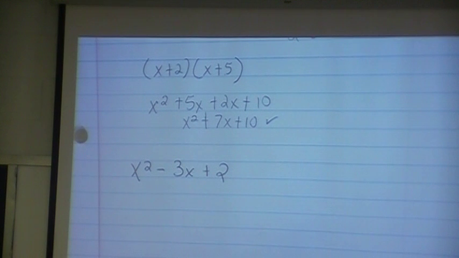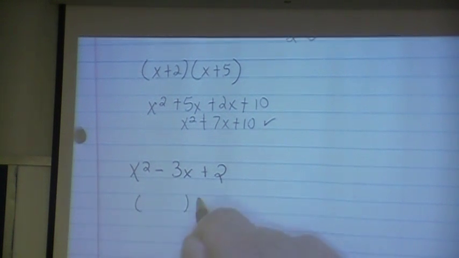This one's a little different. This one, your signs are not the same. I have a minus and a plus. Now, one thing that remains the same, I'm going to draw two parentheses.